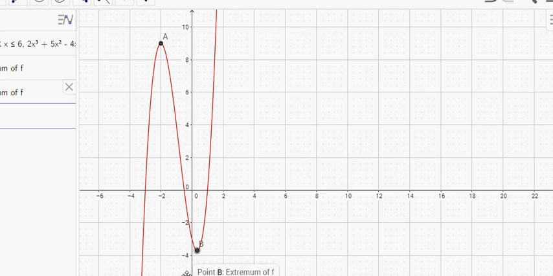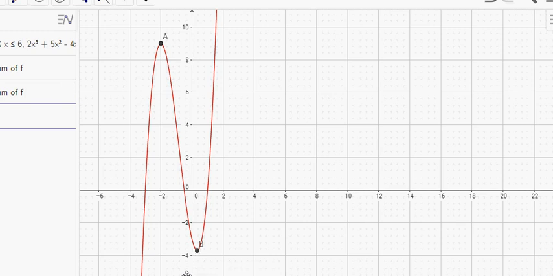So what distance would we have to move the graph vertically upwards in order to bring this minimum point past the x-axis? Well, the distance from here to here is 100 over 27. Remember this point here is 1/3 and then minus 100 over 27.